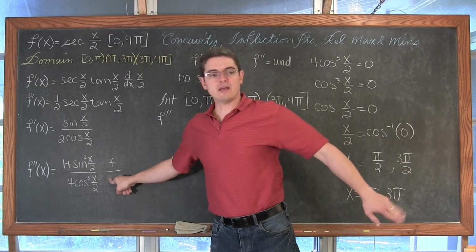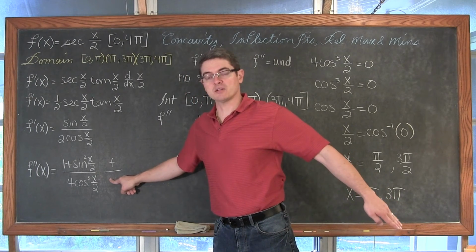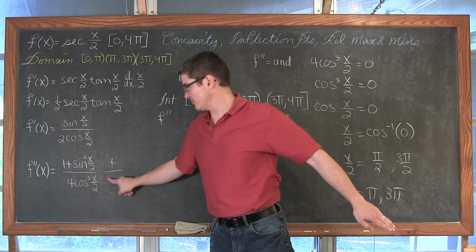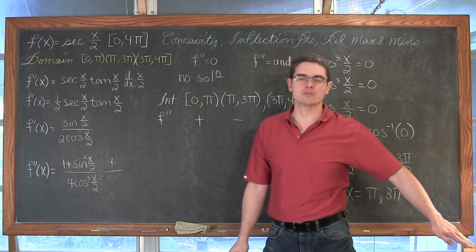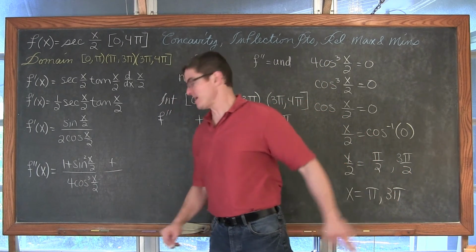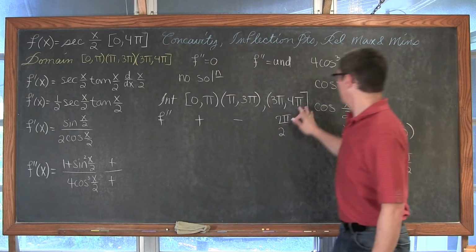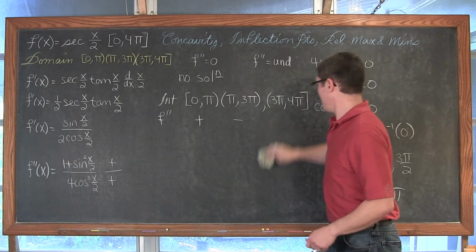In the denominator at 7 pi over 4, your cosine is going to be positive, right? Because in quadrant 4, your x's are positive. And it's going to be square root of 2 over 2, only this time positive. That cubed is a positive number, times 4 is a positive number. So the second derivative in this last interval of 3 pi to 4 pi is positive.